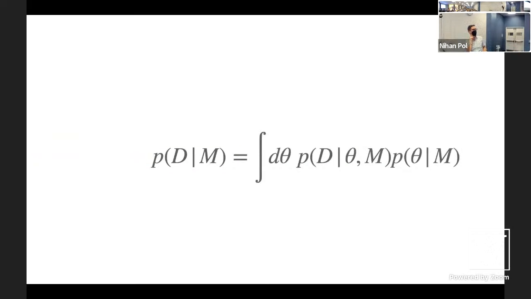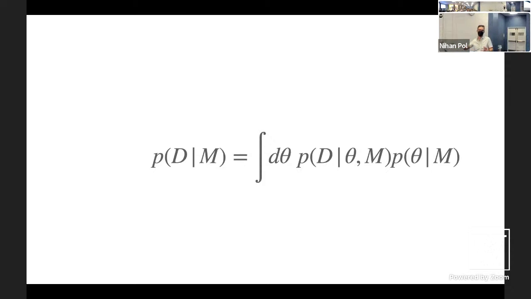So remember that this evidence is the integral over all of parameter space of the likelihood times the prior. So this is effectively the normalization so that your likelihood times prior turns into a proper probability density. Another way to interpret it is it's like the average likelihood over the entire model.